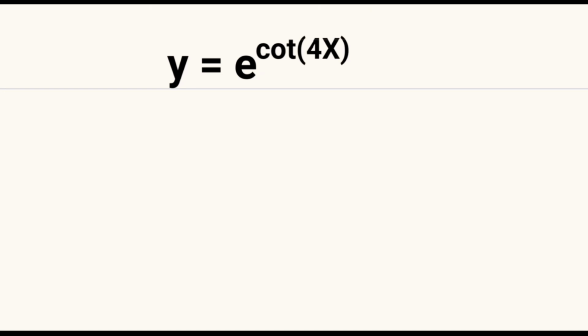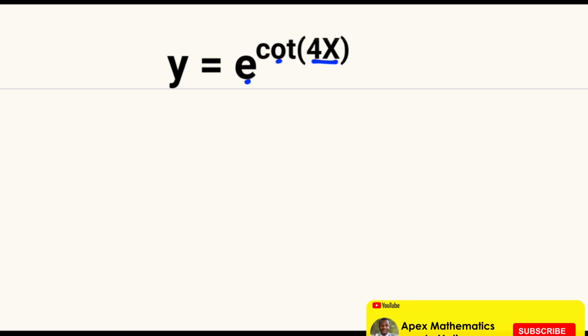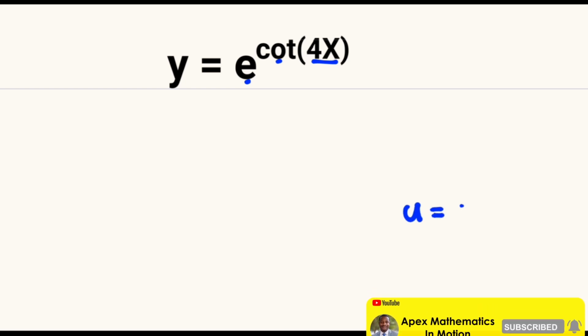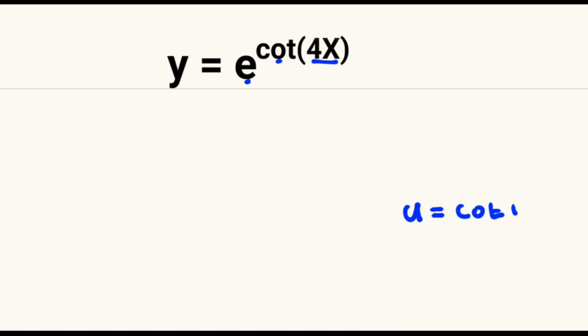For our final question, we have to use the chain rule, since we have a function called the e, and inside the e we have the cot, and inside the cot we have the 4x. So the first step is for us to let u be equal to cot 4x, and write our function y in the form of u. So we'll have y is equal to e raised to the power u in the place of cot 4x.